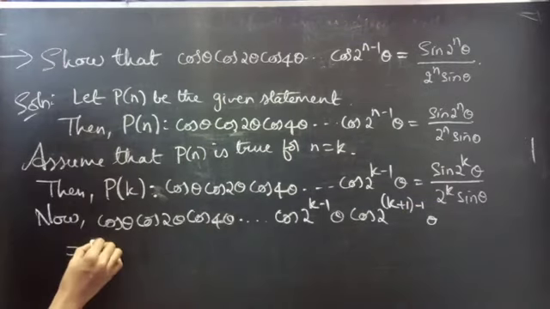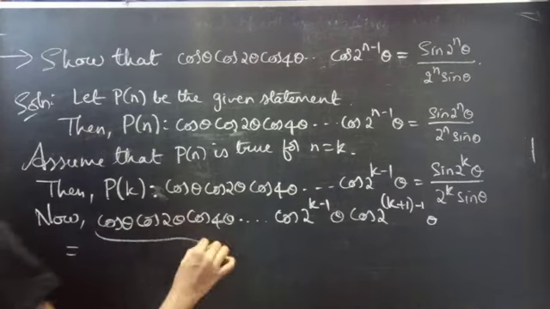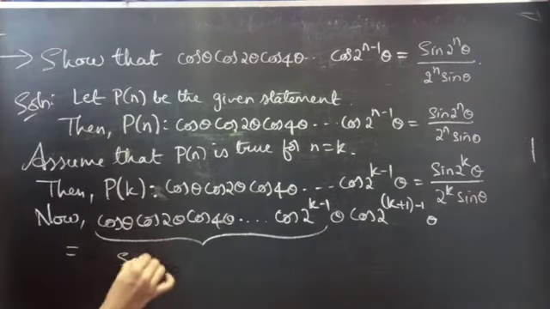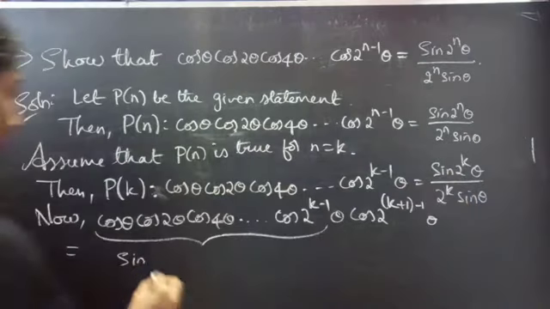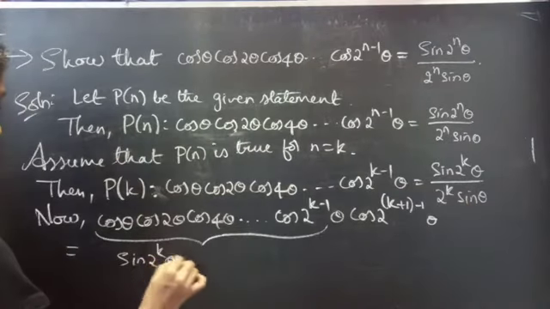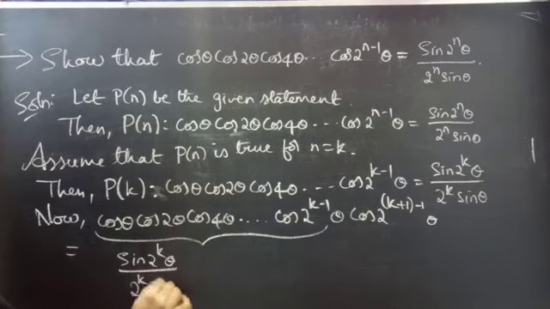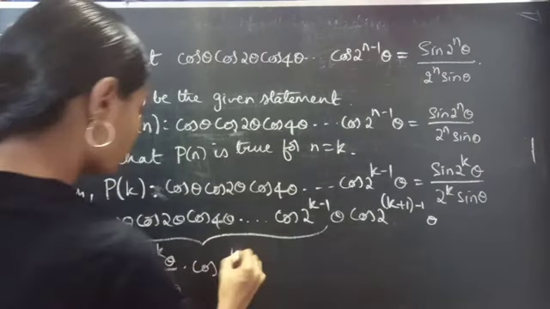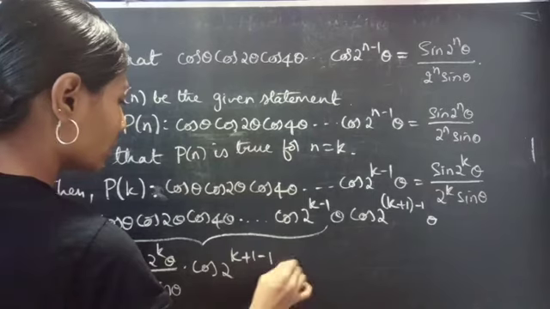We have to write the kth term also. So this is equals to, we have the sum of k terms equals sin 2 power k into theta by 2 power k into sin theta, into the k plus 1th term cos 2 power k plus 1 minus 1 into theta, right?